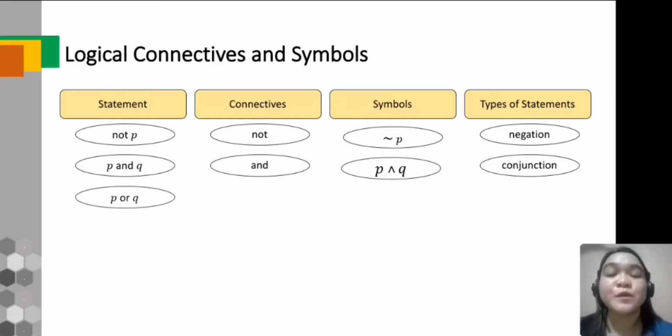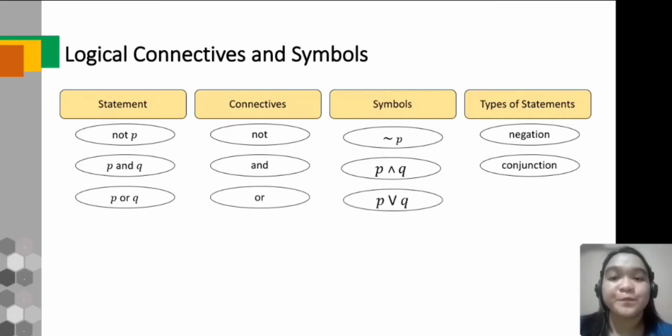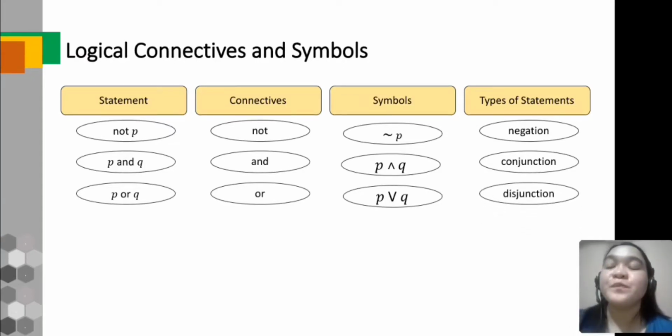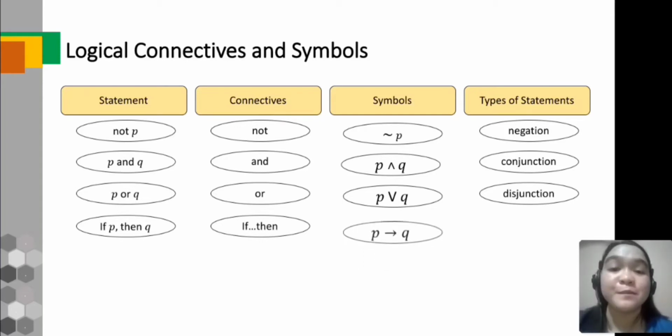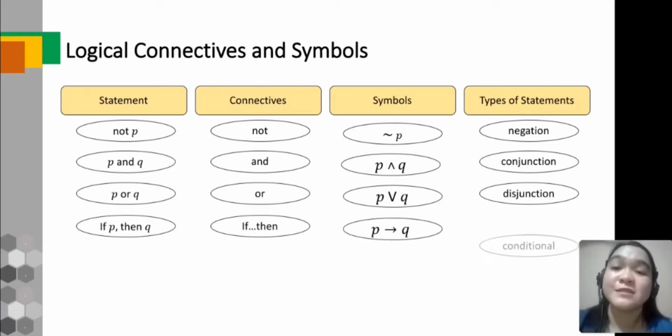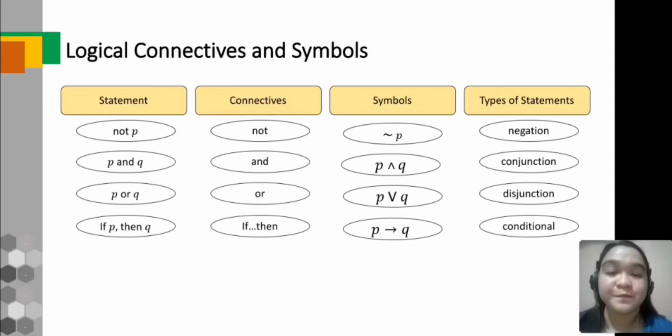Then, we also have the P or Q. The connective used is "or", and this is its symbolic form, and this is the disjunction. Then, we have the if P then Q statement. The connective used is "if then", and this is the symbolic form, and this is a conditional statement.